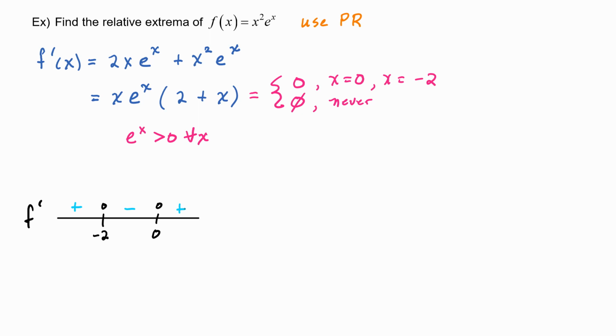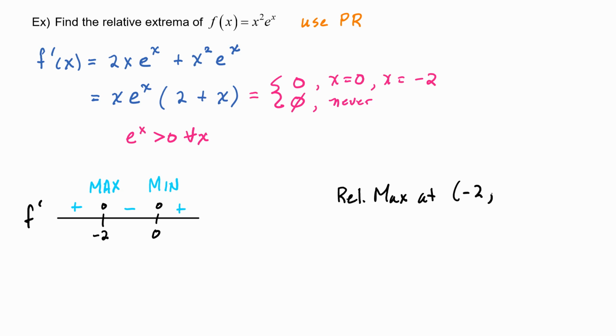By the first derivative test, if the first derivative changes from positive to negative, we know that happens at a max. And if it changes from negative to positive, we know that happens at a min. So that means we will have a relative max at -2.